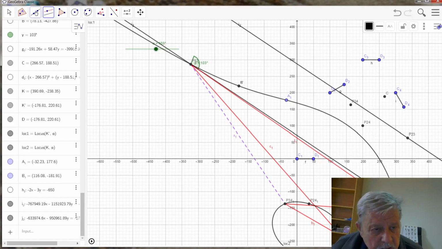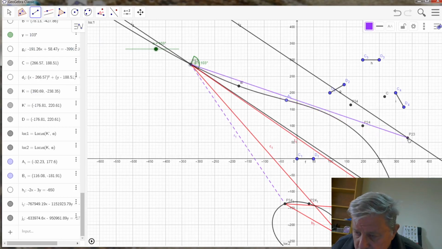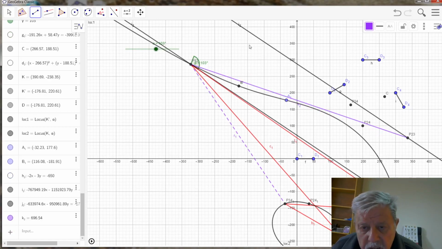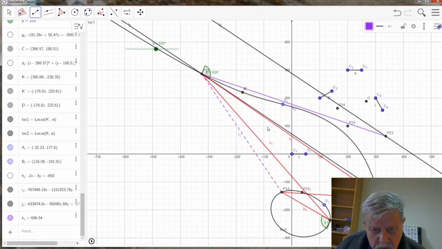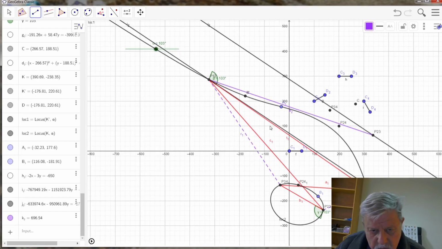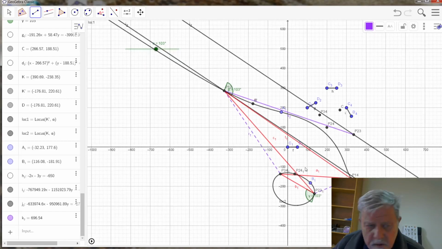The pole triangle is P12, P23, P13 at infinity. These two lines are parallel lines. Where's that parallel line? Let me see. These are not parallel, are they?